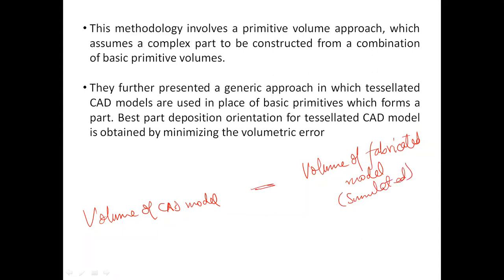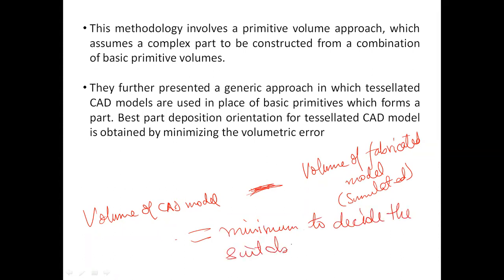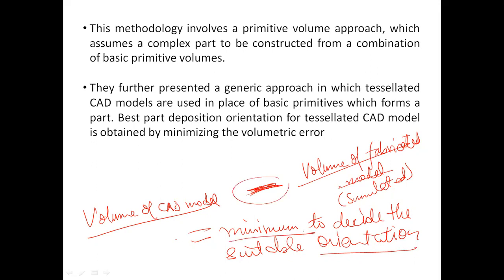Now, the difference of these two values has to be minimum to decide the suitable orientation. So basically the concept is pretty simple: you have the volume of the CAD model and the volume of the fabricated model. At whatever orientation this difference becomes minimum, that is the suitable orientation of fabrication.